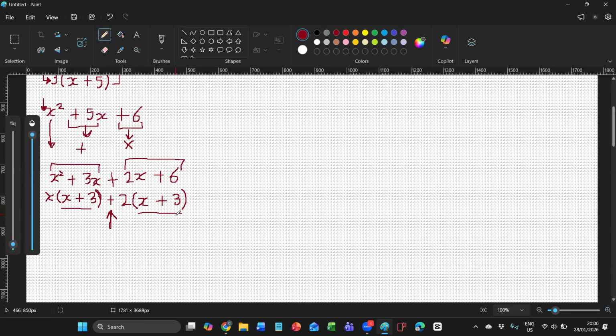So if that is the case, I can factorize whatever is common. And in this case, what is common? x plus 3. So I'll bring it out.